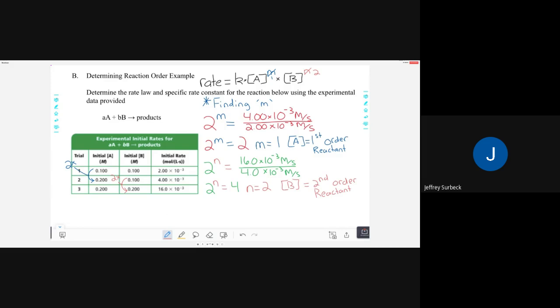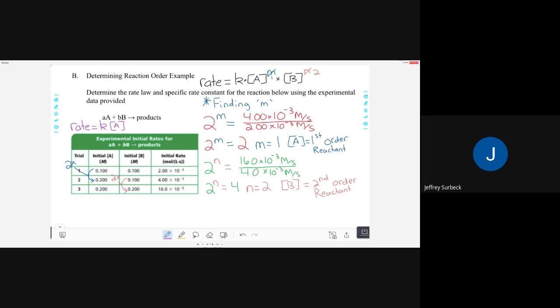So my rate law, I'm going to write just above this box, and I'm going to say this. My rate law that I found using experiments is this. We have to write rate equals lowercase k times the concentration of A, and then I'll ask you this, A was what reactant order?